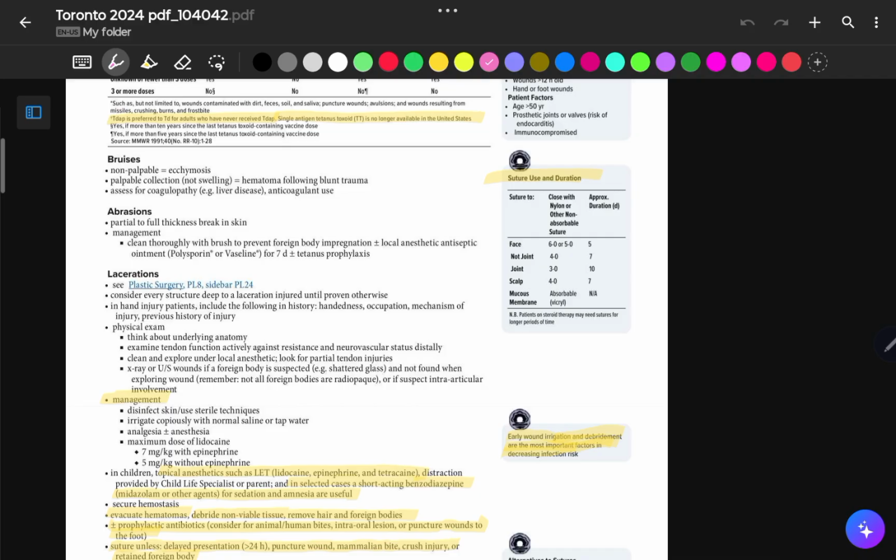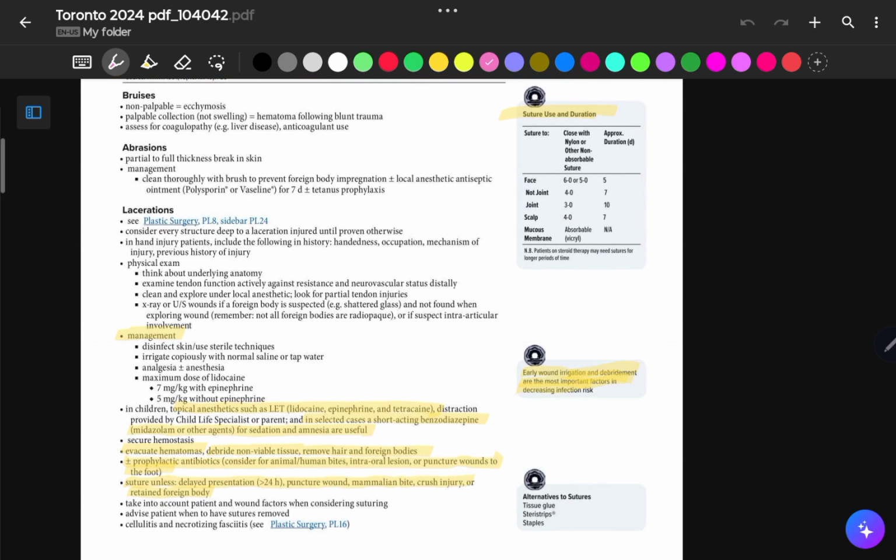Try and examine the tendons and the neurovascular status distal to that laceration. You're looking for any partial tendon injury. You might not have a complete injury, which is why the limb is still able to move, but they could have a partial tendon injury that may actually need to be repaired.